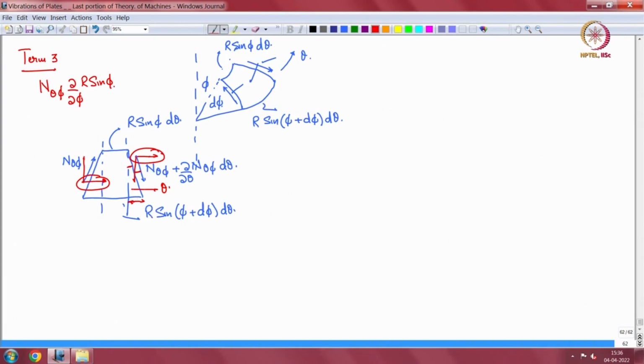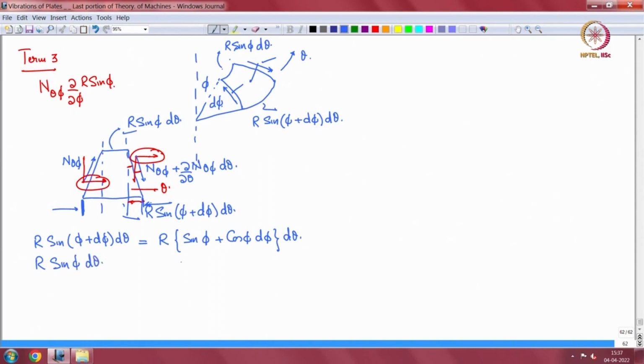Now I have the total distance r sin phi plus d phi d theta, which if I open out is r sin phi cos d phi plus cos phi sin d phi is d phi d theta, and this length is r sin phi d theta.